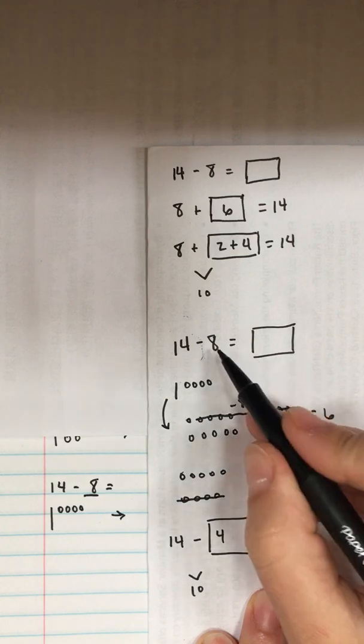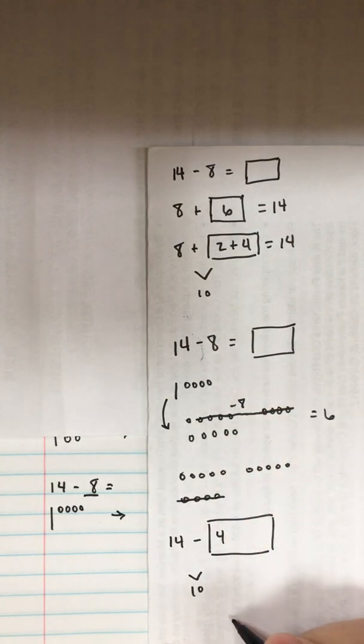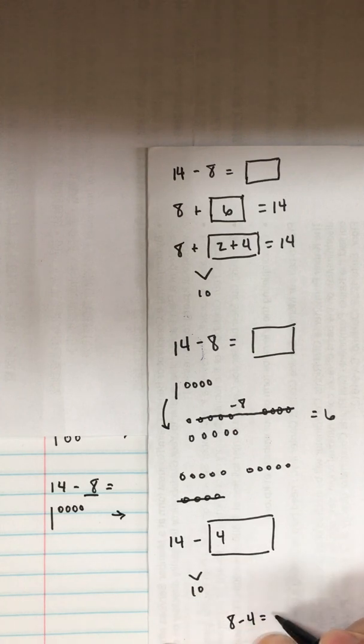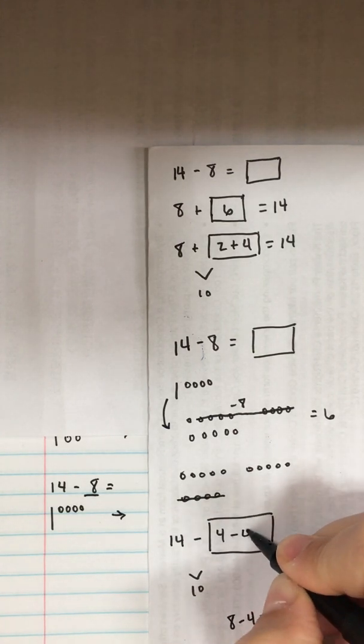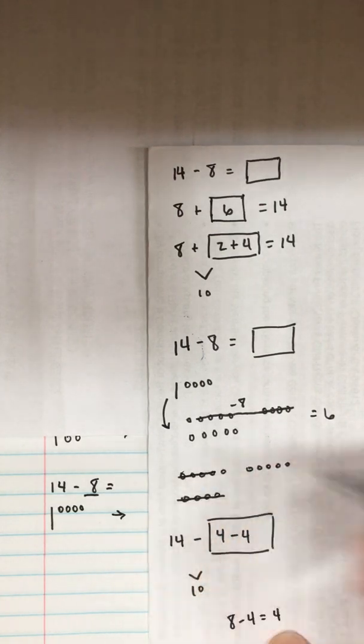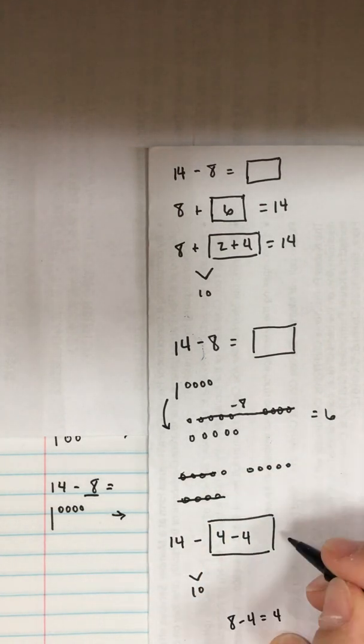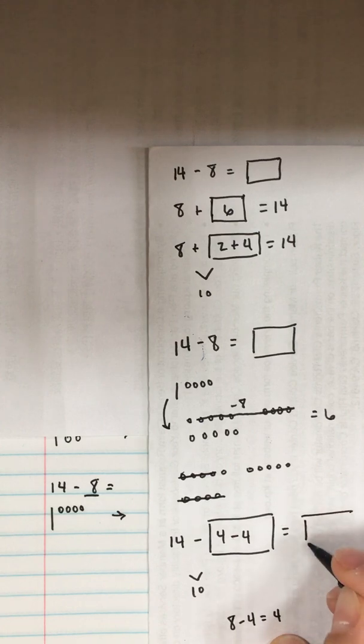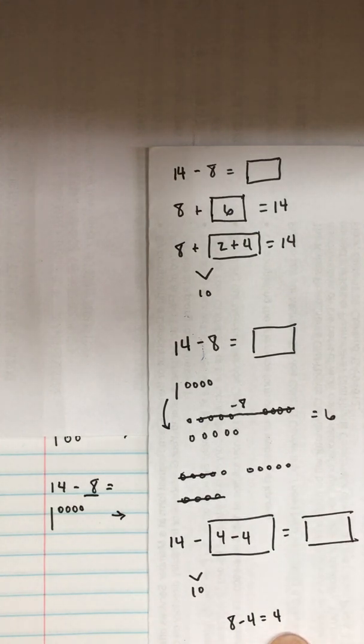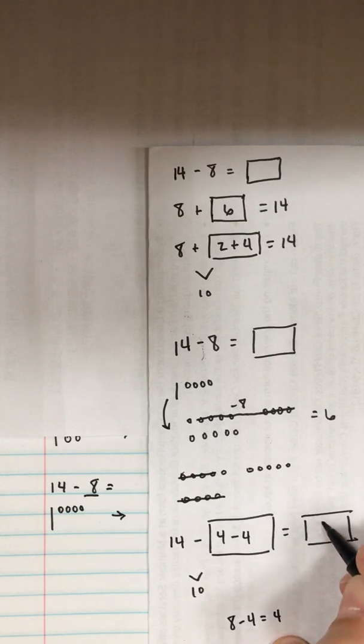And then we have to subtract the rest of 8. So 8 minus 4 that we've already taken away is 4. So we're going to subtract an additional 4 as a second step to find out what 14 minus 8 is, which is 6.